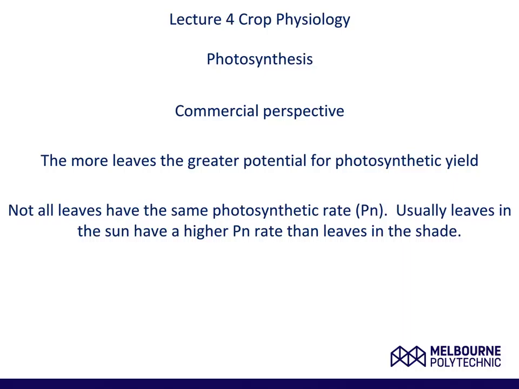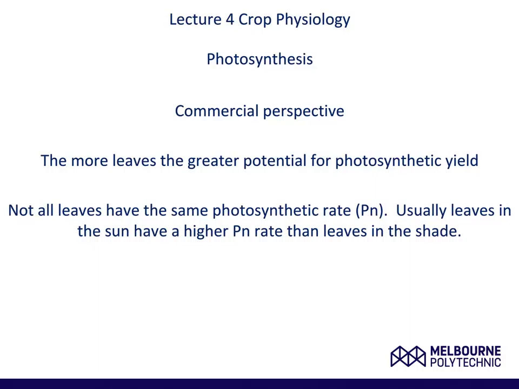That is, if you took a theoretical photosynthetic rate and then multiplied it by the area of each leaf, the more leaves that you would have, the larger the area, the more photosynthesis. So from a commercial perspective, it is not only important to consider the photosynthetic rate of each leaf, but also to consider the entire photosynthetic output or yield.